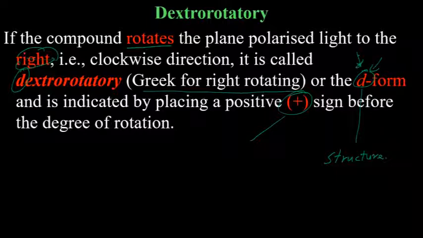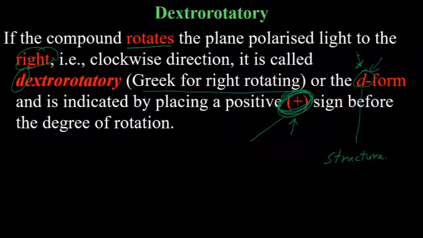D actually decides the structure. It is the plus sign that decides whether it will rotate the light to the right side, and the minus sign will decide it will rotate the light towards the left side. So you need to focus on plus and minus.